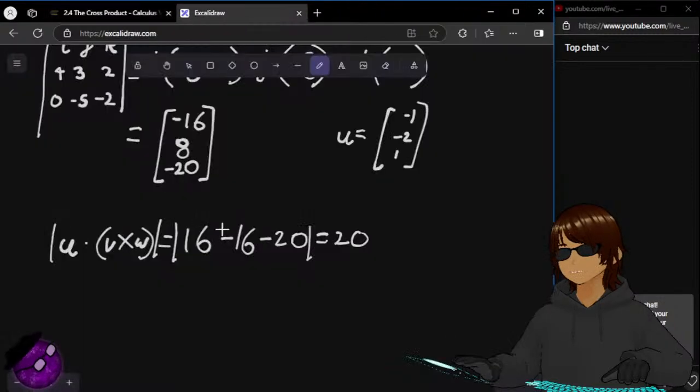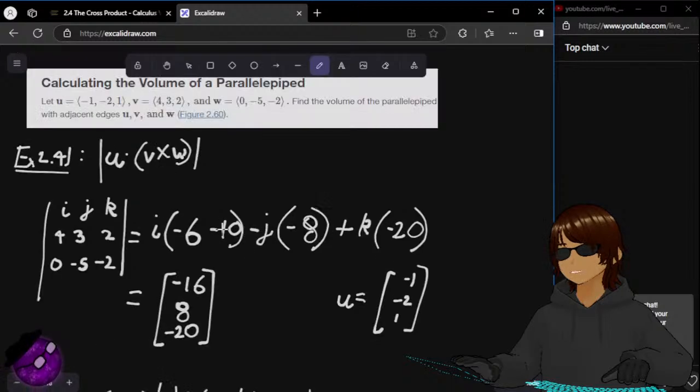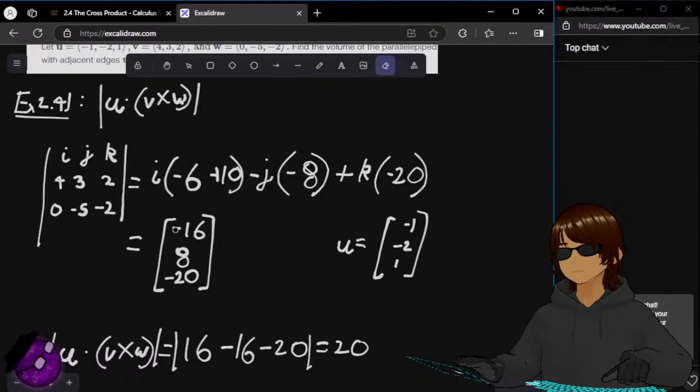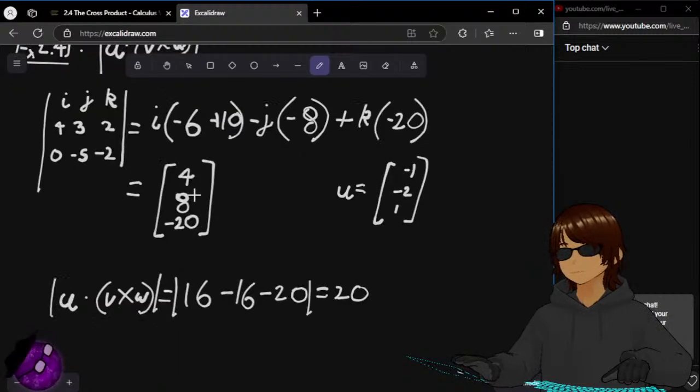So 6 plus 10. Why is it plus 10? So for i, 3 times minus 2, minus 5 times 2 is minus 10. Oh, yeah, this was a mistake. And then so we have 4 over here, and then 4 minus 1, which gives you minus 4.